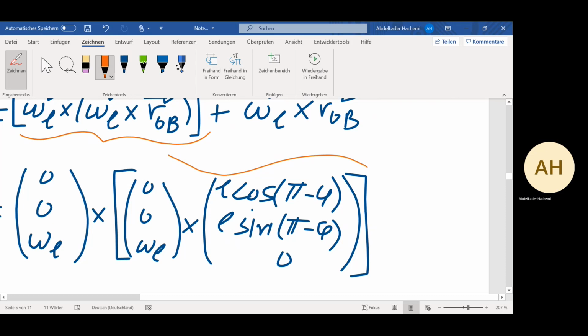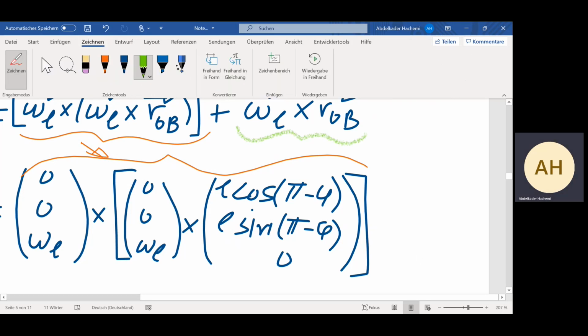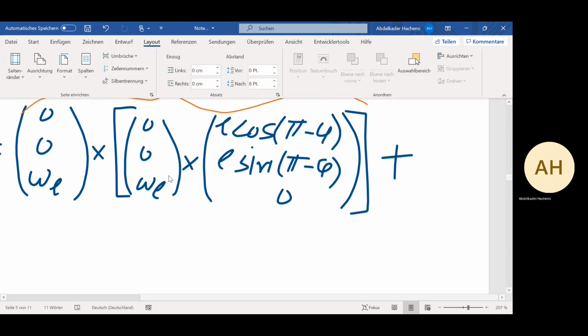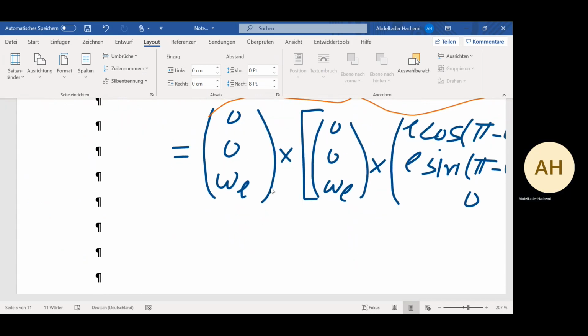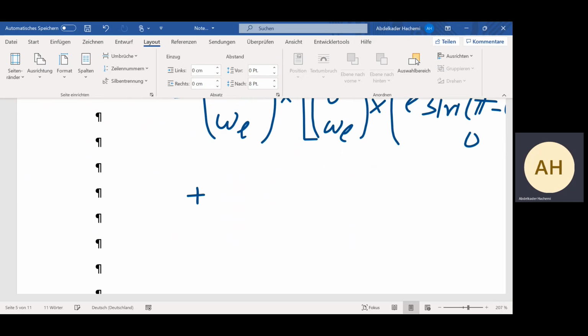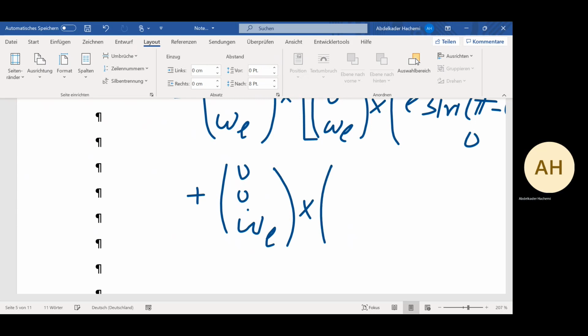Plus the second term, which is 0, 0, omega dot L cross the same ROB.